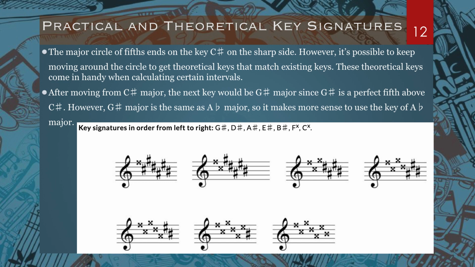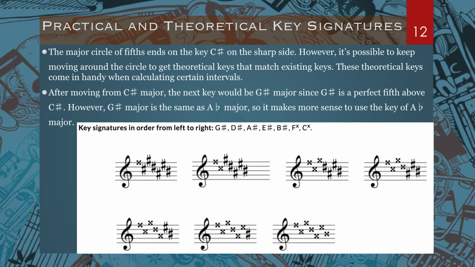One final concept is theoretical key signatures. Now, this is not something you really need to understand to be a musician, but understanding theoretical key signatures helps to reinforce the concept of key signatures in general. So the major circle of fifths ends on the key C sharp on the sharp side. If you remember, you go from C, G, D, A, E, B, F sharp.